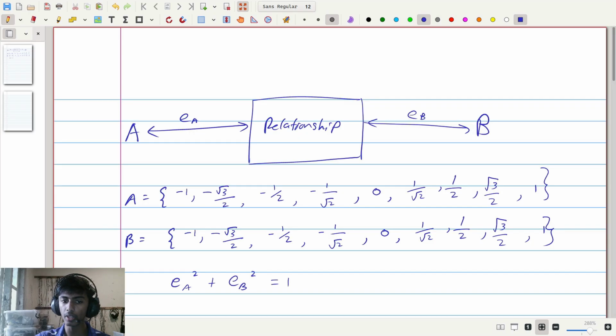Suppose this is the relationship between certain elements of B and certain elements of A. Then you could consider any element of A, let's say -1/2.